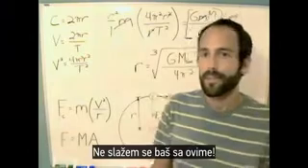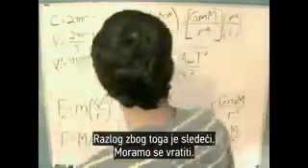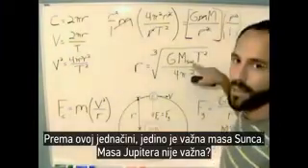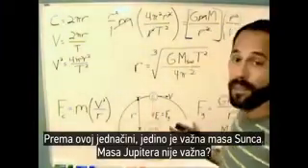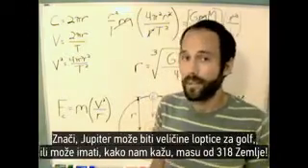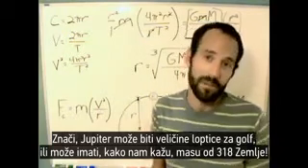Well, I don't really agree with this, and the reason I don't is because we have to back up here. The only thing that matters, according to this equation, is the mass of the Sun. The mass of Jupiter doesn't matter, so Jupiter could be a golf ball, or, what they tell us, something with the mass of roughly 318 Earths.